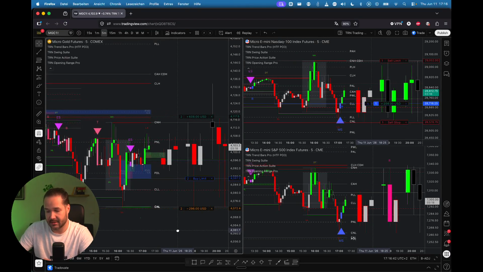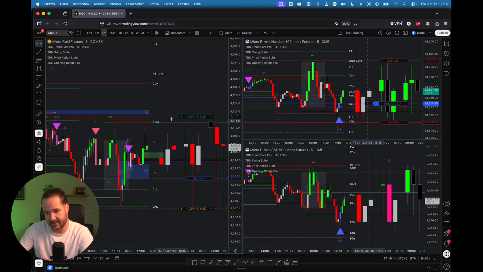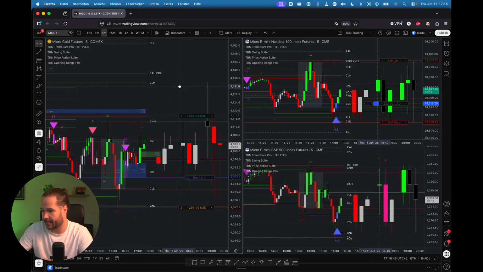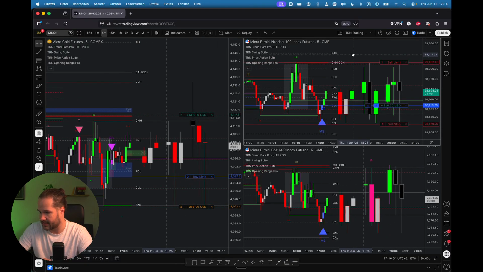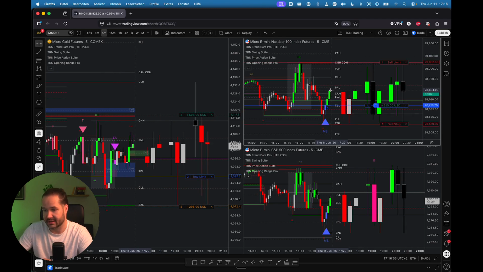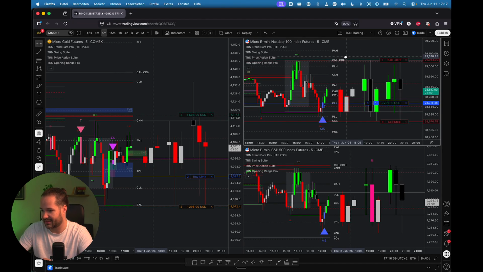There's still a chance that we just get a pullback and then turn bullish again. And yeah, this is playing out nicely right now. Okay, yeah, for sure there's a lot of space left. And also there's a lot of time left till the US session closes, so everything can happen, honestly.